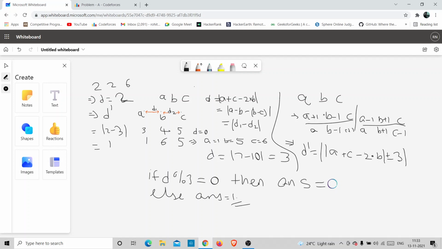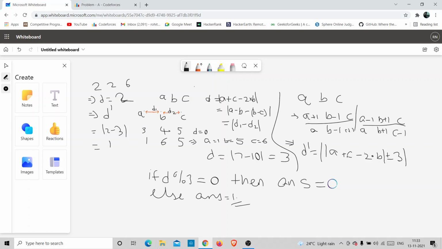If we want to manipulate it, we need to choose AB or BC and decrement or increment both of them as we want, which would lead us to the final answer after performing that operation once.